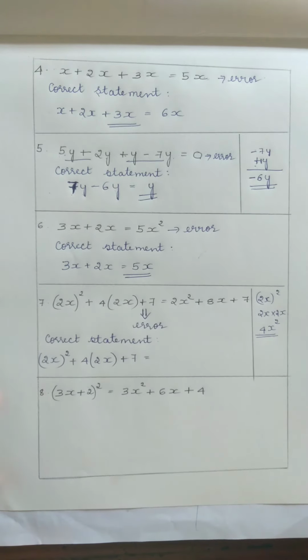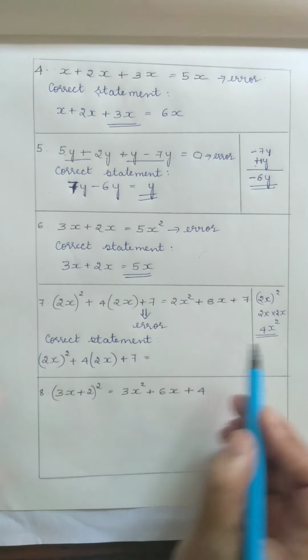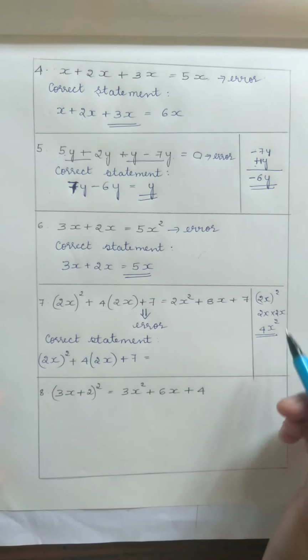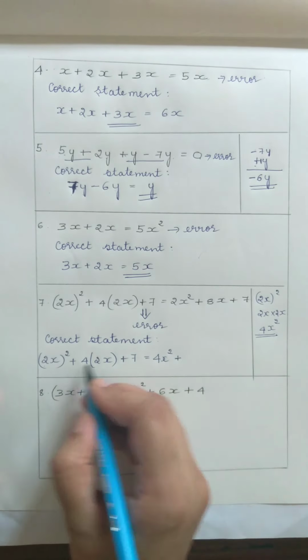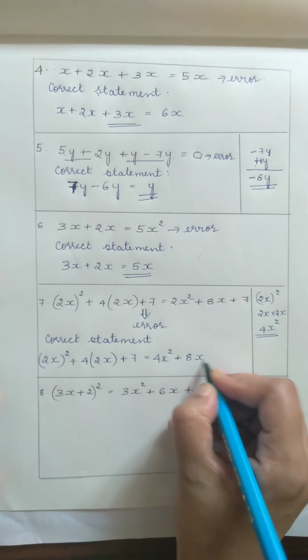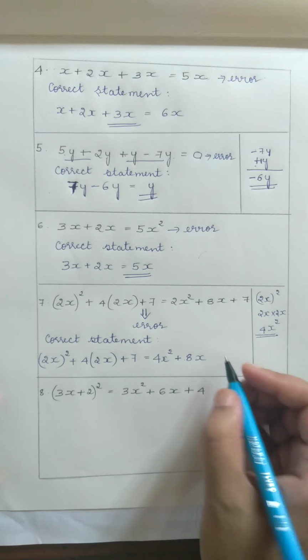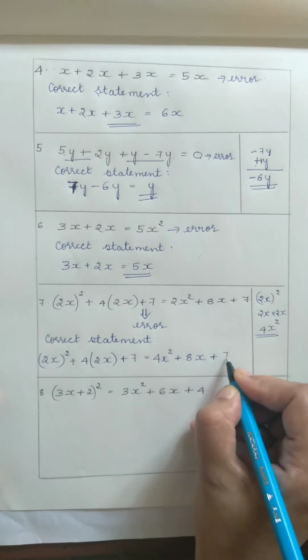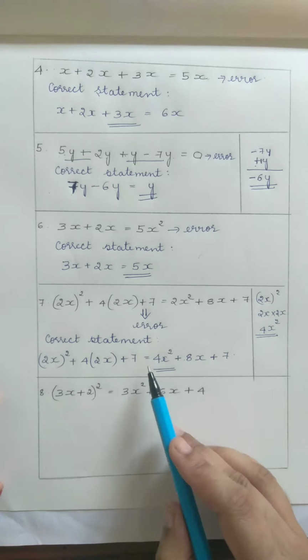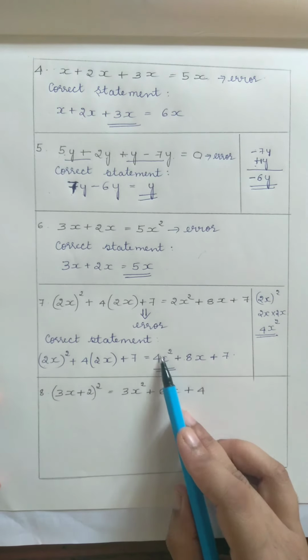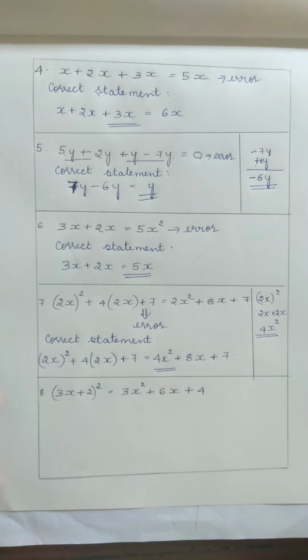So, the correct statement is 2x whole square is equal to 4x square, plus 4 into 2x, that is 8x, plus 7. This is the correct mathematical statement: 2x whole square plus 4 into 2x plus 7 will be equal to 4x square plus 8x plus 7, the correct statement of the 7th problem.